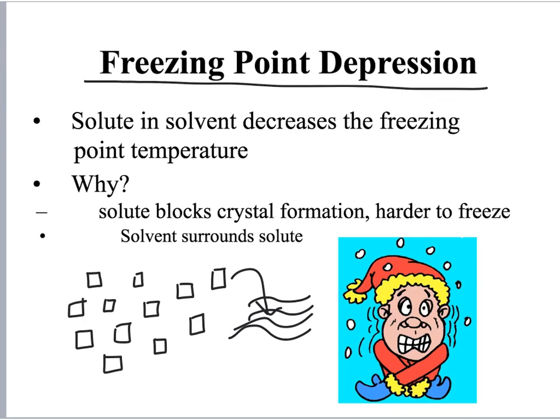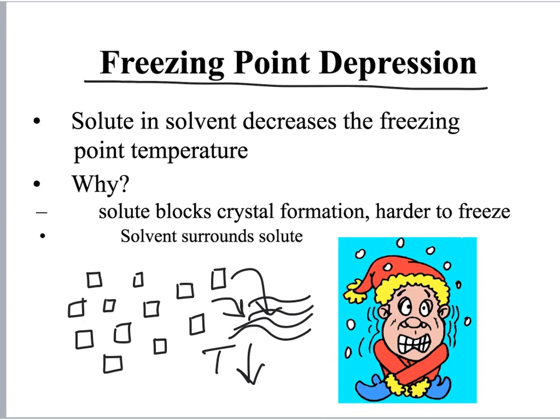So instead of the ice freezing at 32 degrees Fahrenheit or 0 degrees Celsius, maybe it has to get even colder, maybe 28 degrees Fahrenheit or negative 1 or negative 2 degrees Celsius in order to freeze. So by adding solute to the solvent, the temperature at which the liquid freezes decreases, meaning it has to get colder to freeze. It actually lowers the freezing point.